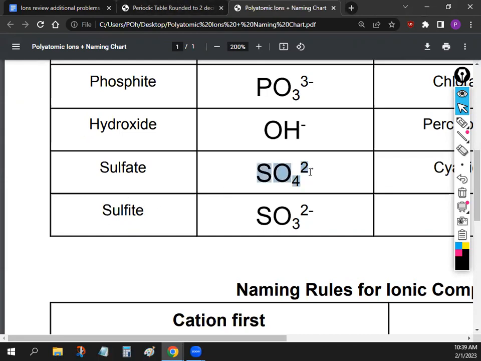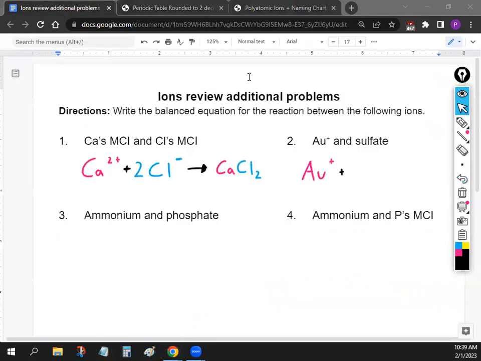All right, so hopefully you noticed that sulfate is SO4 2-. Again, polyatomics are perfect exactly the way they are, just like you guys. So we're just going to copy it down exactly the way it is.